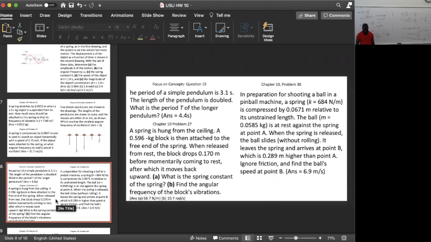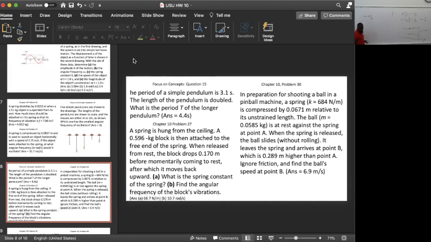The period of a simple pendulum is given, and the length of the pendulum is doubled. What's the period of the longer pendulum? You double the length. What happens to the period? You have 3.1 seconds. Period is 2 pi root L over G. So 3.1 seconds is for one length.